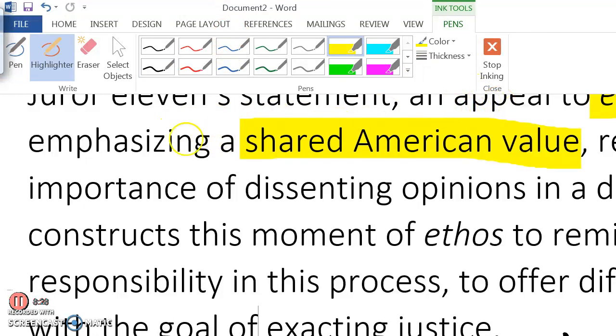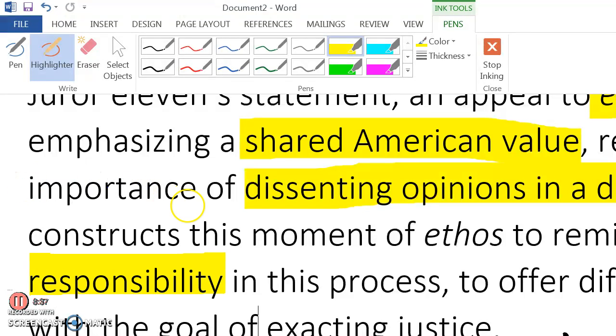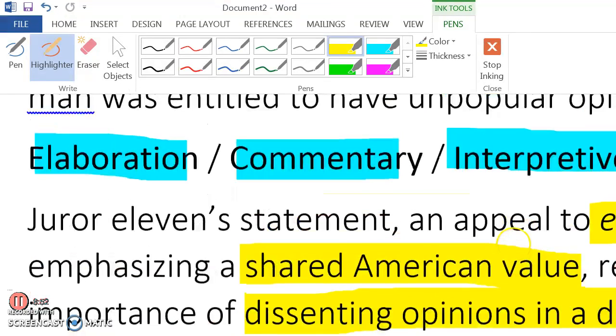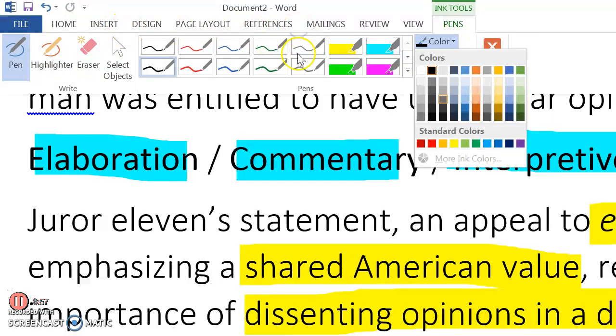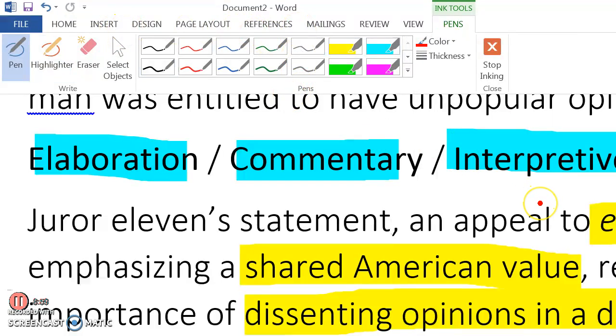Because he wanted to reinforce the importance of dissenting opinions in a democracy. Because he wanted to remind them of their responsibility in the process. And the responsibility isn't all for us to agree. The responsibility is, hey, offer your differing opinions so that we can be sure that we meet this goal of exacting justice.